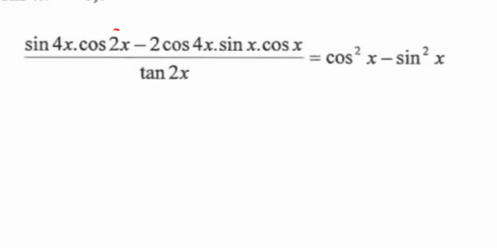But you're talking about this 2 here. I don't know what you're doing with that 2. I'm linking that 2 next to the cos x, the cos x right at the back.